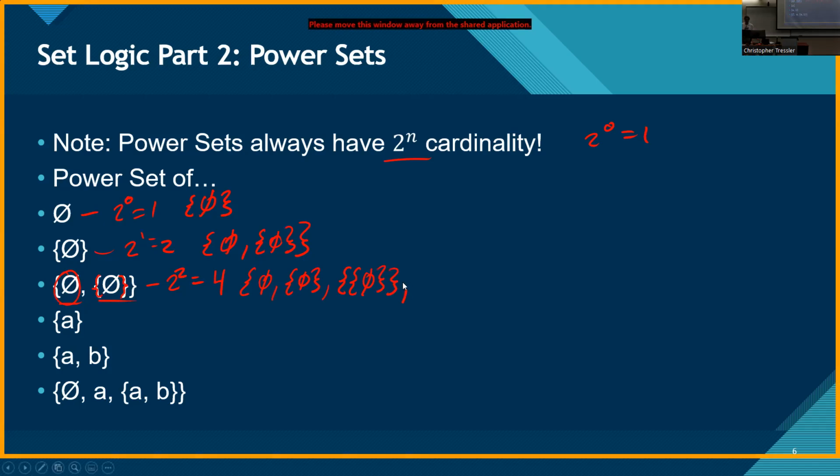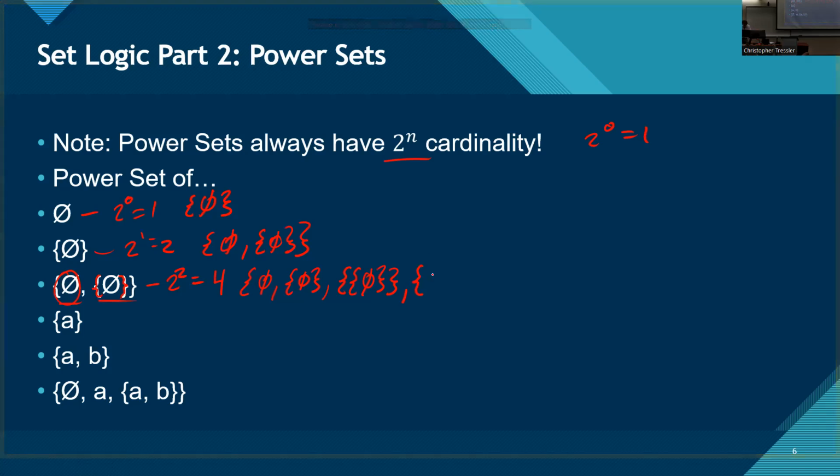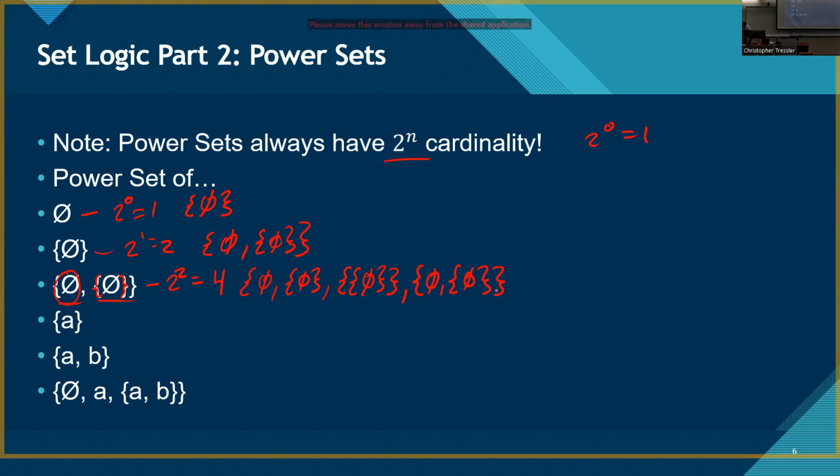And then finally, we've listed all of our individual members. So now we're going to have to list all the combinations of the members combined. In this case, there's only 1. It's just you have both of them. And I think that's it. Notice we have 1, 2, 3, 4. Do you guys see that? Does that make sense? Hopefully. Okay, cool.